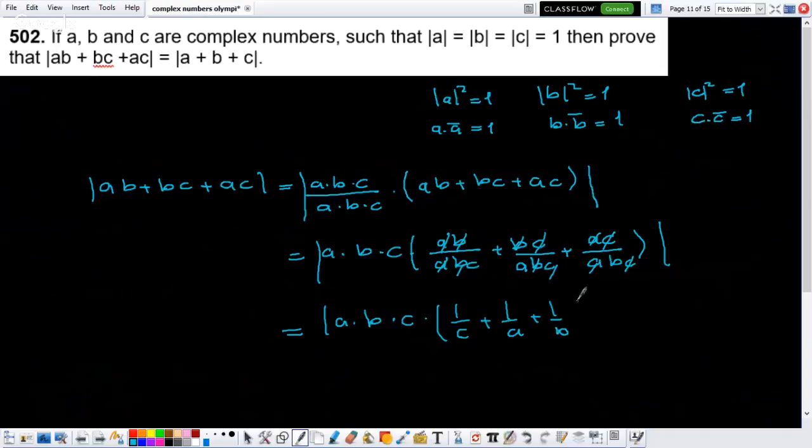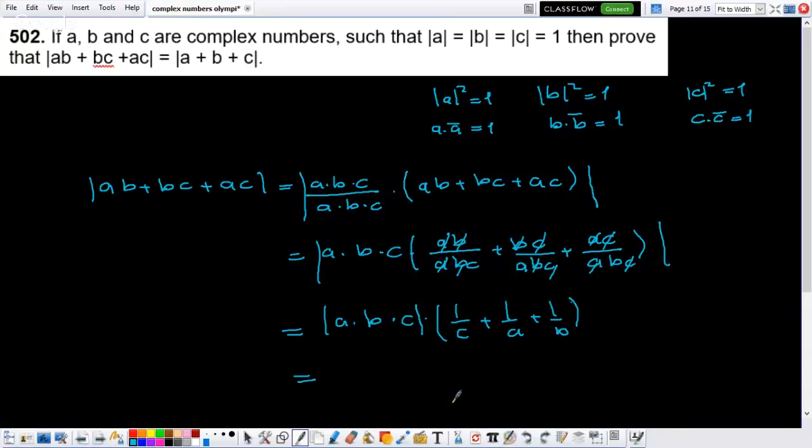Which is equal to the module inside the module, A times B times C. I can rewrite like this. I made a mistake here.